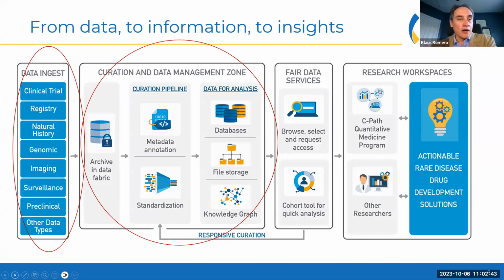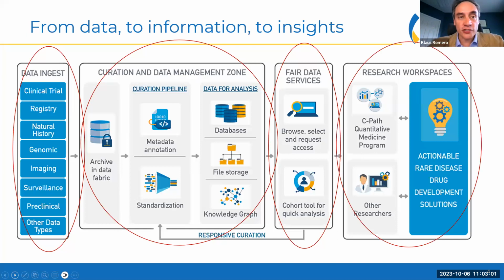But then once you have the data speaking the same language, you need to make sure that you're able to build the necessary analysis subsets that you need in order to run the kinds of solutions that you're going to hear today. That's where the first component of the learn and confirm paradigm happens, as you see there with responsive curation.